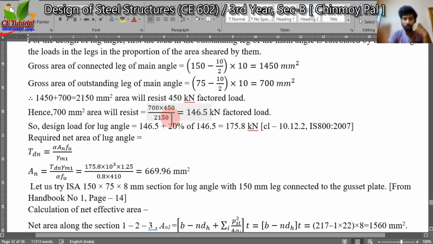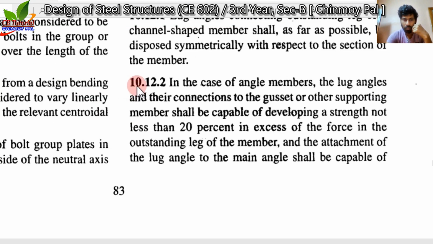That means our lug angle, which will be connected with this 75 millimeter leg, will also carry 146.5 kN factorized load. Now the actual design load of the lug angle is 146.5 plus 20% extra. If you see clause 10.12.2 of IS 800, it says that the developing strength shall not be less than 20% excess of the force in the outstanding leg of the member.